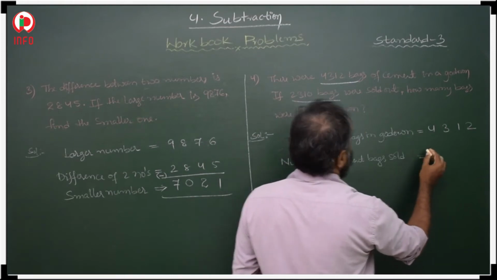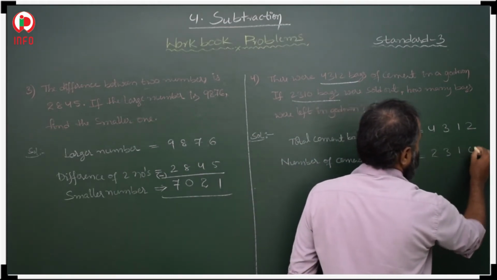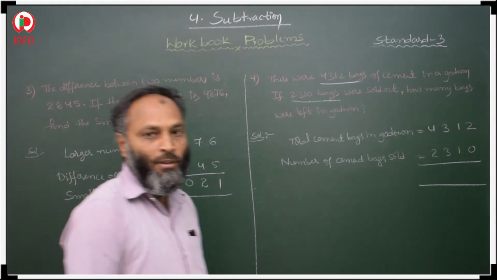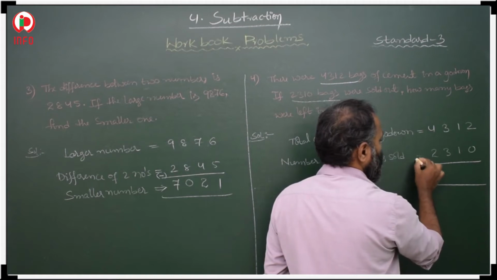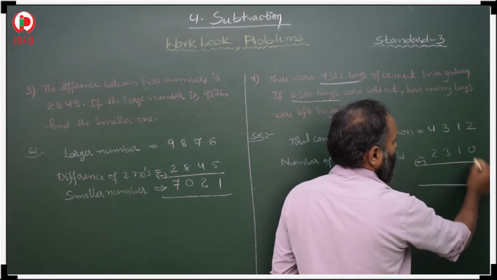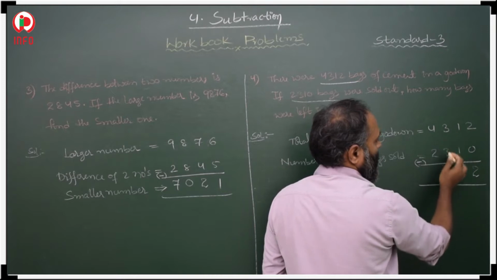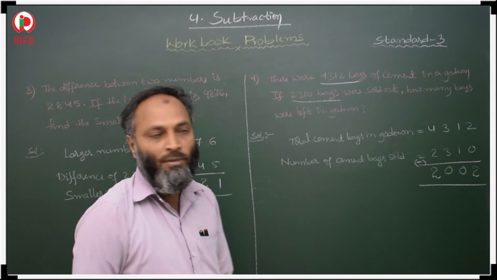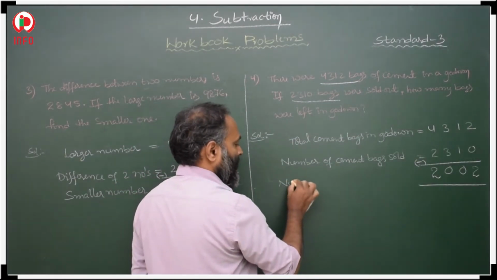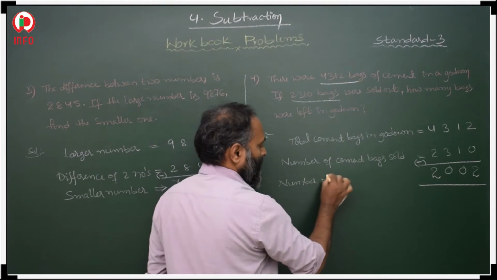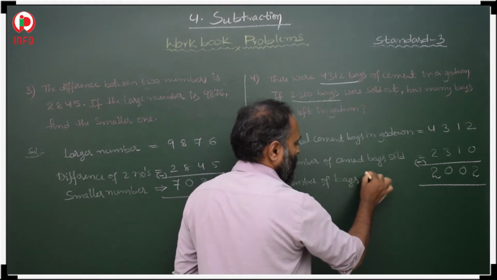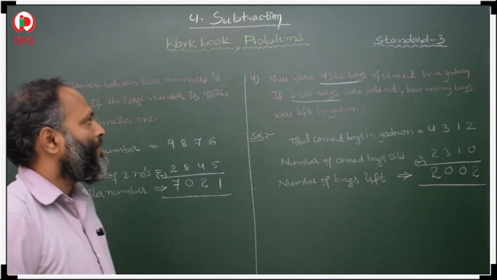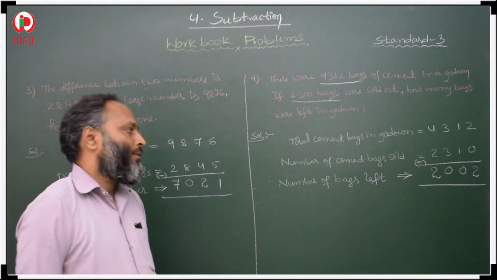How many? 2,310. Then how many bags were left? Then minus it. 2 minus 0, 2. 1 minus 1, 0. 3 minus 3, 0. 4 minus 2, 2. 2,002 bags were left. The number of bags left is 2,002. This many bags are left. Okay.